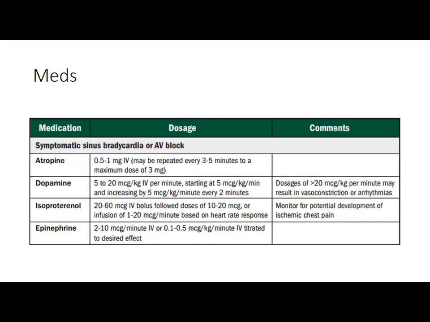Dopamine is a better bet to crank that heart rate up, as well as isoproterenol and epinephrine. Obviously, both are things that you're going to be considering in an ICU scenario or on the way to the ICU.